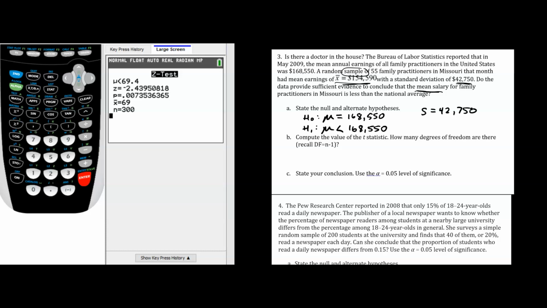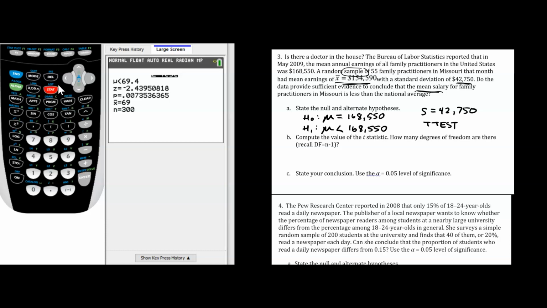That means the test that we need to use in the calculator is t-test. So I'm going to go to t-test in the calculator, and I'm going to see how many t-scores, in a sense, that sample mean is from the assumed population mean of $168,550.